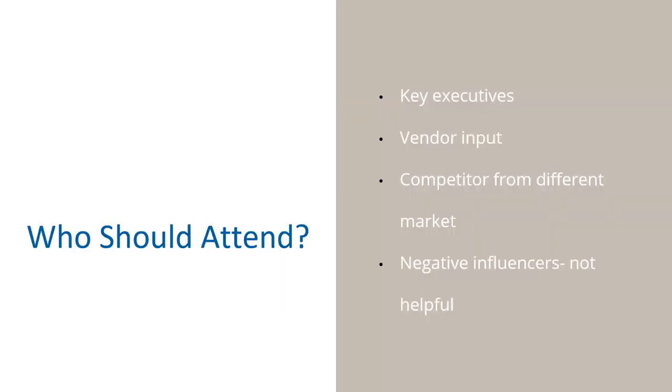You've put together all of the data that you need. You've decided where you're going to have the meeting. You need to make sure that you identify who should attend, and you want to get this meeting on their calendar a month out in advance. Any busy executive is going to have their plate full. So you want to make sure that, number one, they have the meeting on their calendar.